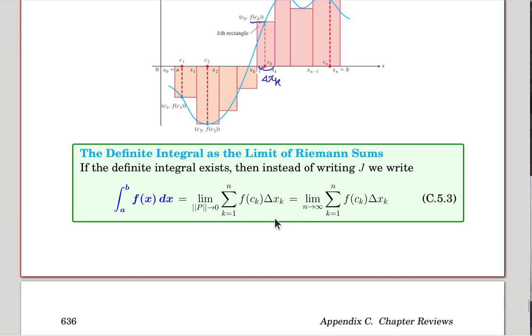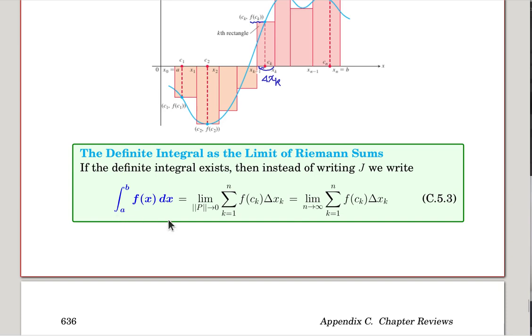Okay. Here in mathematical form, we can write it in this way. Here, limit with the Riemann sum. Either we say limit as the partition length approaches 0, or the number of subintervals approaches infinity. And so if the limit exists, then we say that is the definite integral of f over a to b.